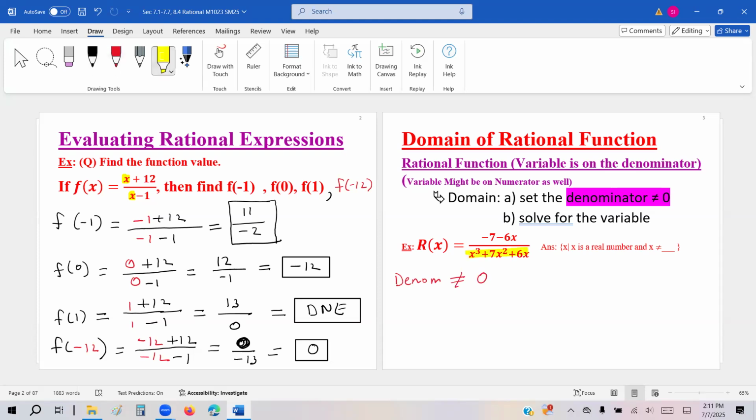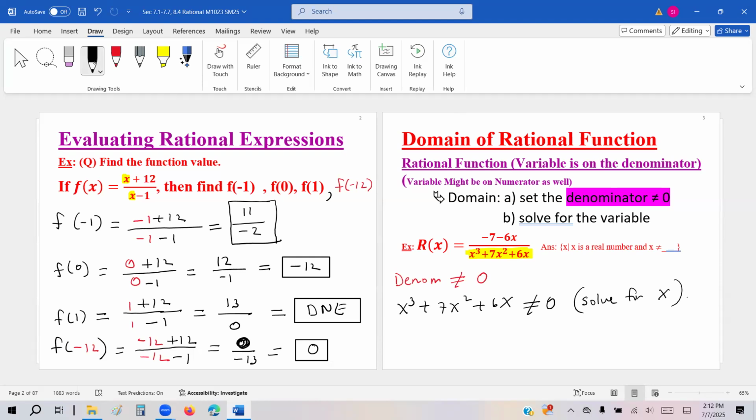Now this is what we have on the denominator. That means this expression cannot be 0. So we take x cubed plus 7x squared plus 6x, and whatever we have here cannot be 0. From there, our goal is to solve for x, because we want to see which x values make this expression 0. They cannot be in the domain.